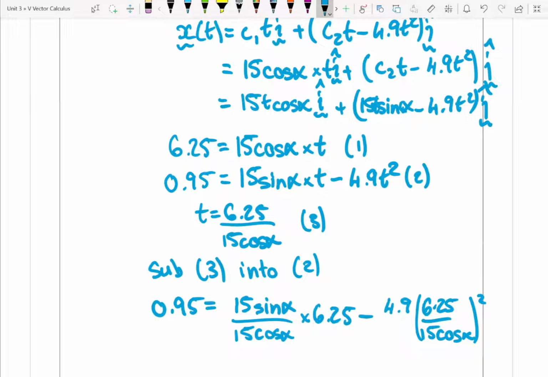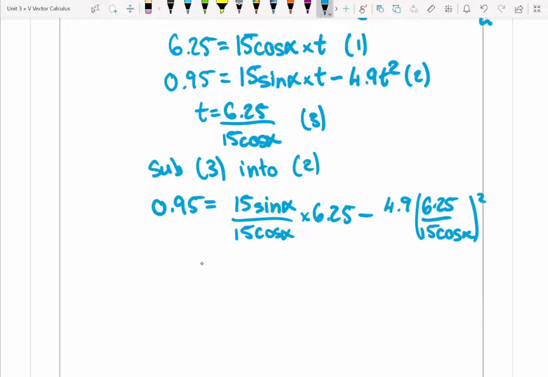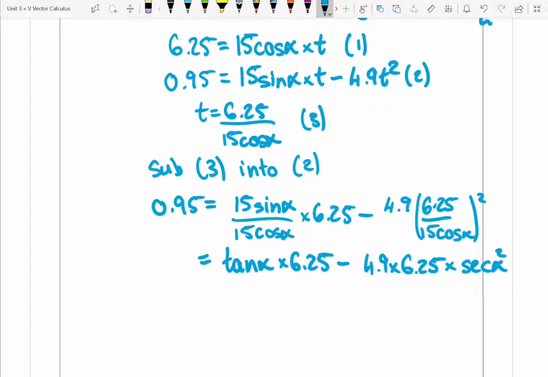But we have an identity that 1 over cos squared is the same as secant squared. So this simplifies out, the 15s cancel. We get tan alpha times 6.25 minus 4.9 times 6.25 times secant alpha squared. And we know that secant squared of alpha is equal to 1 plus tan squared of alpha. So we can actually rewrite this as a quadratic with tan alpha as its x.